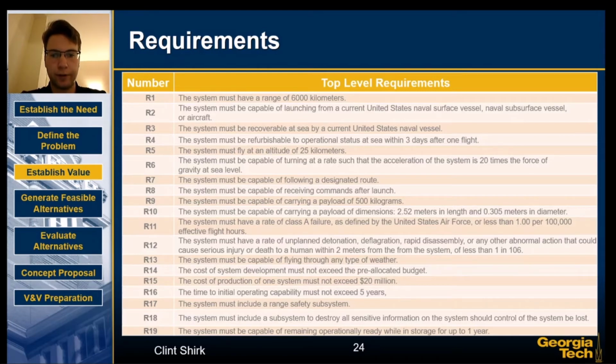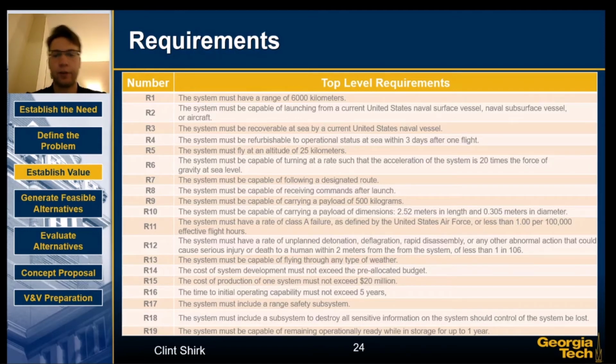So starting off, we have 6,000 kilometer range. We want to be capable of launching from current infrastructure. We don't want to have to reinvent and redesign and build new launch platforms. We want to use as much of the existing infrastructure as possible to keep cost and build time down.